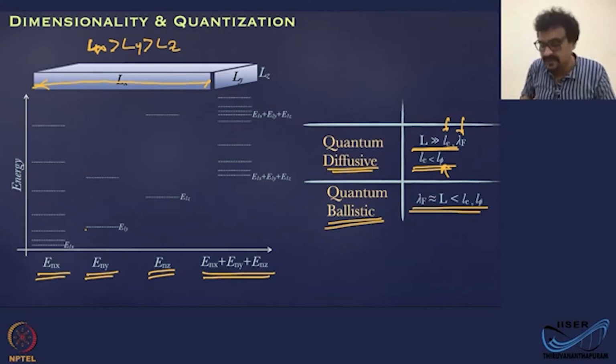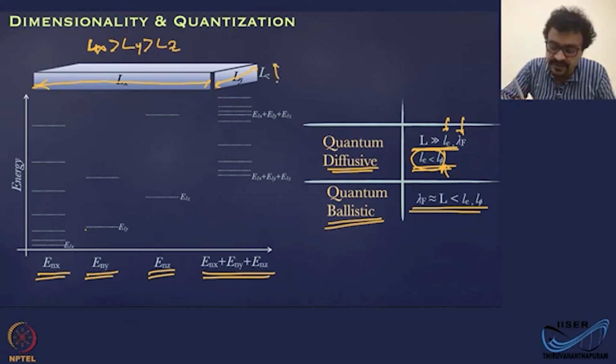That is still possible. But for that, you need to satisfy this condition. But to have quantization in the other direction, you need to have a scattering length comparable to Ly, which is shorter than Lx, and Lz, which is the shortest. So you can observe the quantization in that direction much more easily than in Lx or Ly.